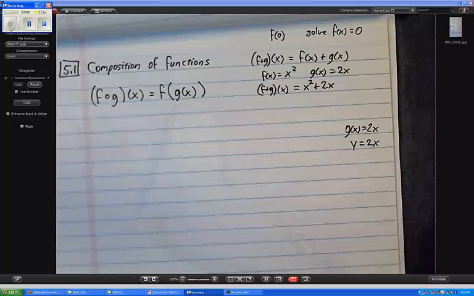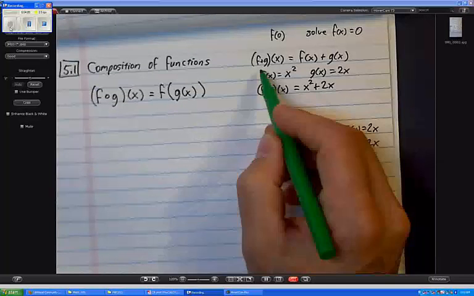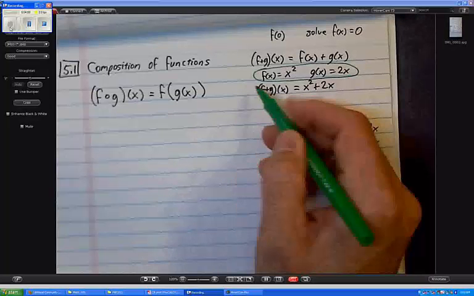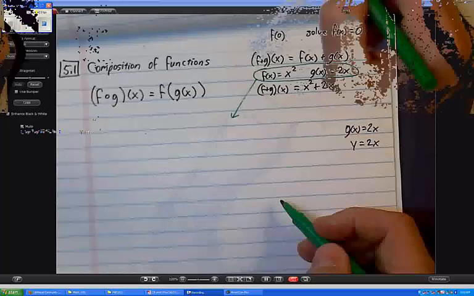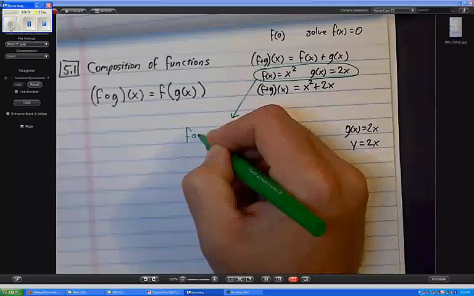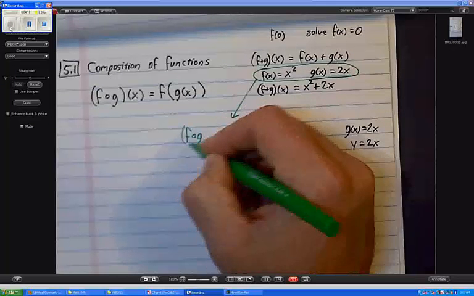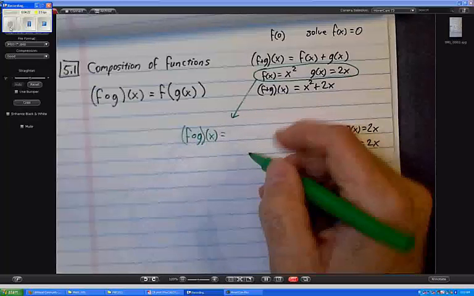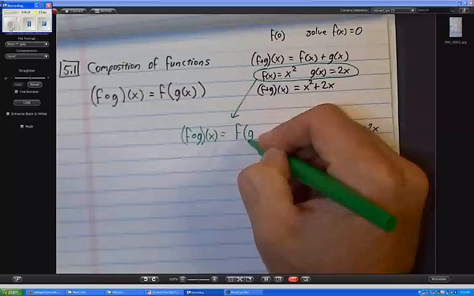So, in this example here, where f of x is x squared and g of x is 2x, I could ask, what is f composed with g of x? Well, it's f of g of x.